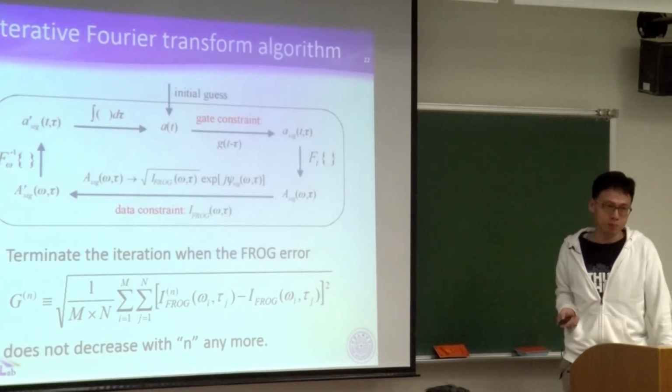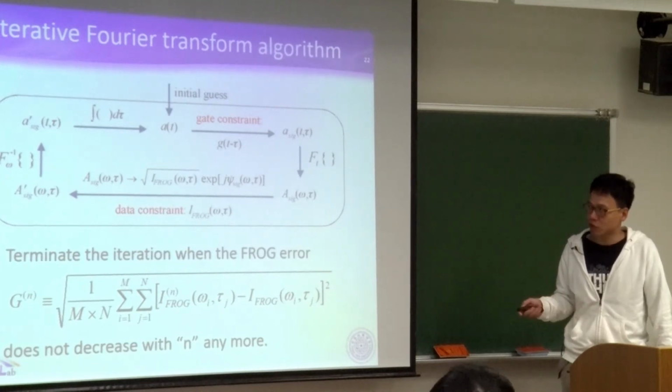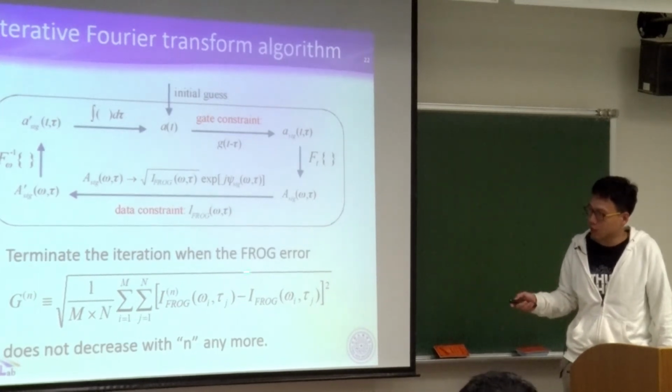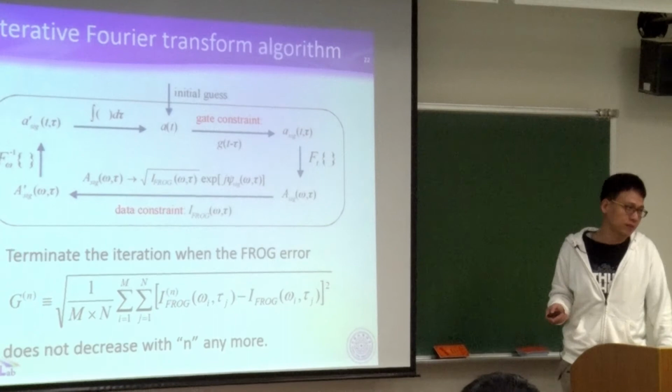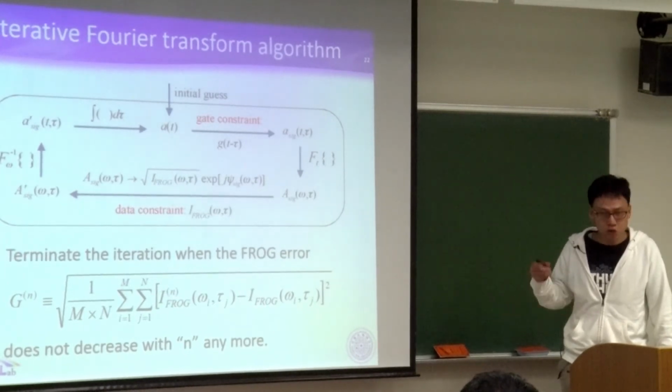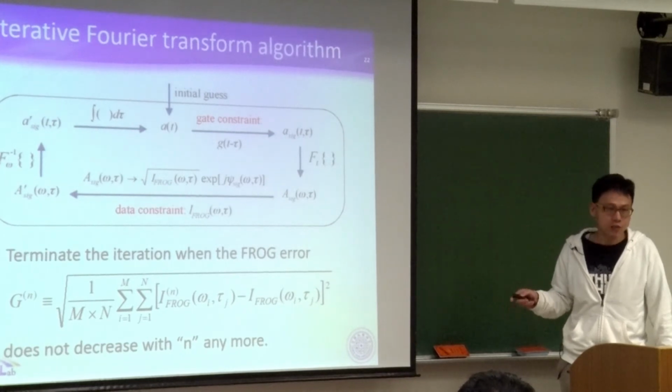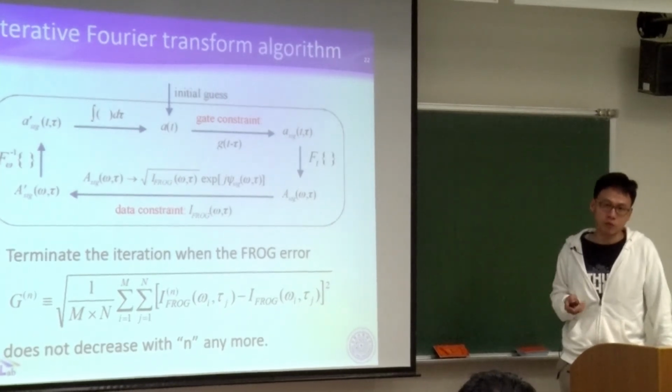The FROG error parameter, G parameter, which is defined here. Look at the difference term. I_FROG^(n) means the calculated FROG trace at the nth loop, so this term will change with the number of loops. And I_FROG is the fixed one, the measured FROG trace.